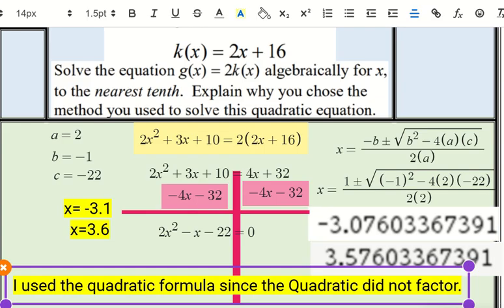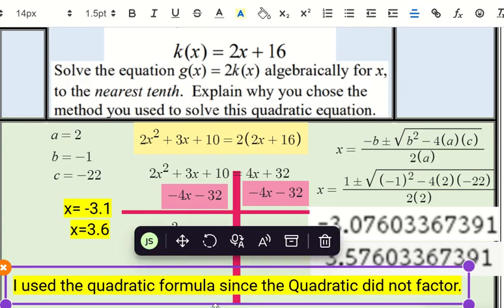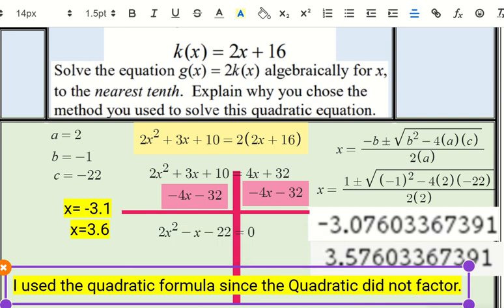So briefly and succinctly, I said I used the quadratic formula since the quadratic did not factor. So we know when a quadratic doesn't factor, we can always use the quadratic formula to find any roots to a quadratic equation. And that's full credit.